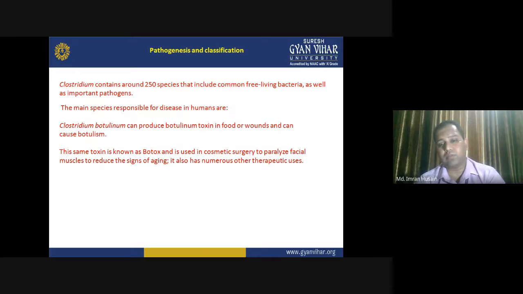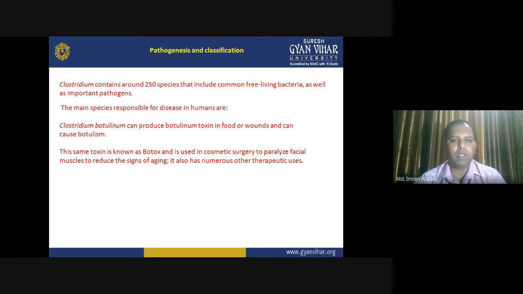So you cannot say that only one single Clostridium is responsible for all the diseases. It's a very huge family, and they always have many significant and different functions.